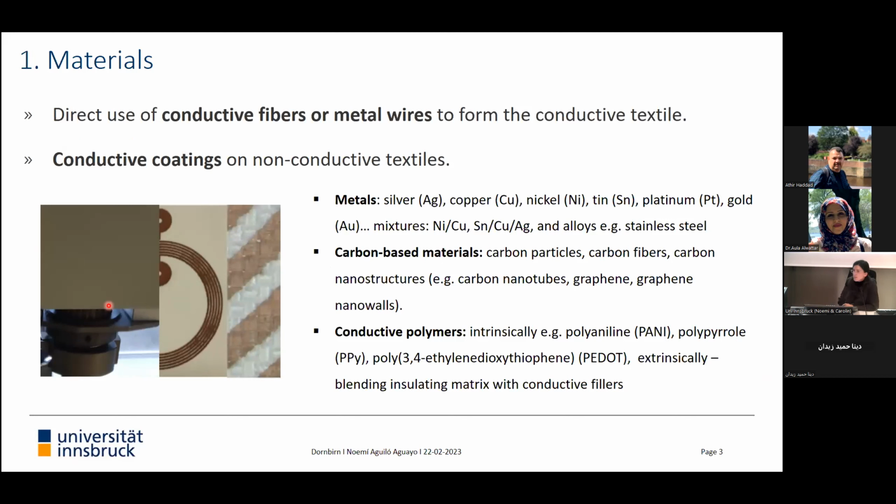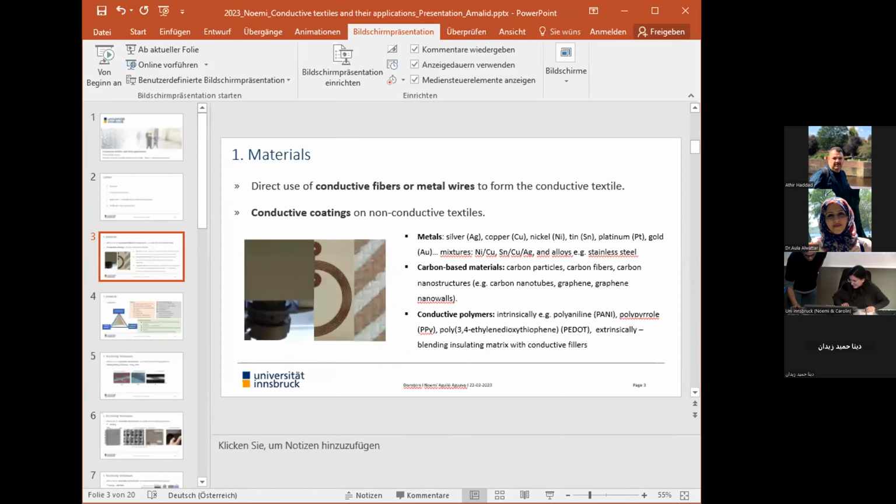I apologize because here we cannot see the picture. Could you see the picture? No. Sorry for the inconvenience caused. Okay, no problem. We try to do the presentation in the room from the institute.